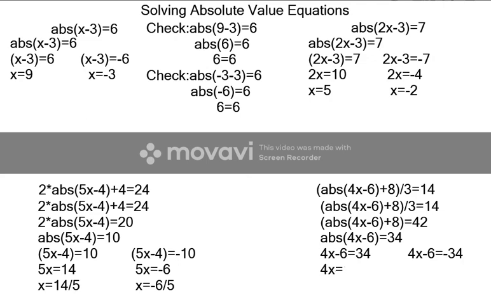So 4x equals 40, the same thing as x equals 10. And then the second equation, we have 4x equals negative 28, and then x equals negative 7. So there you have it.